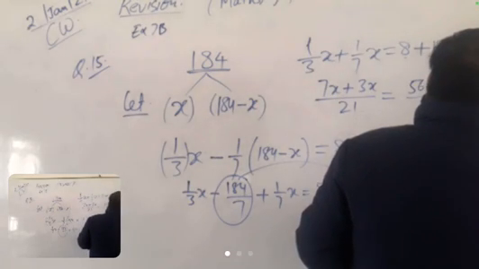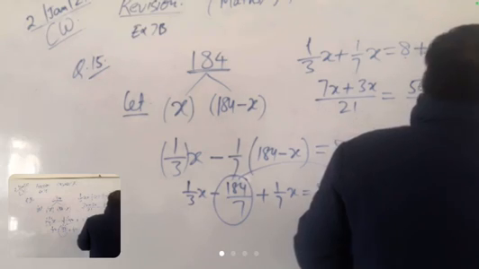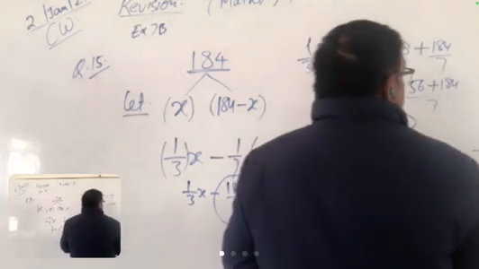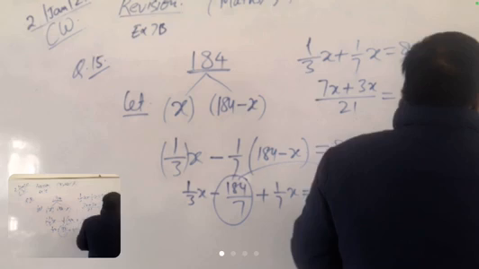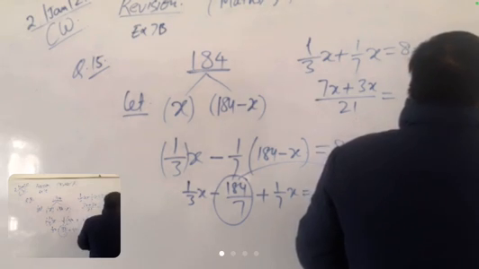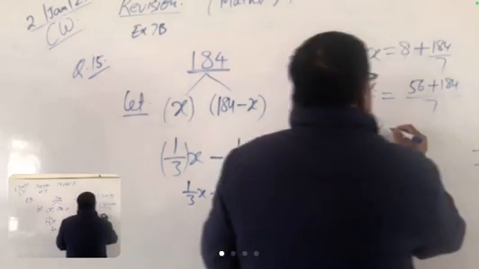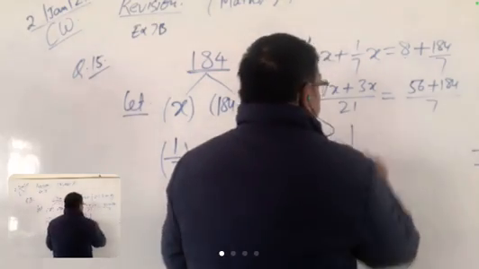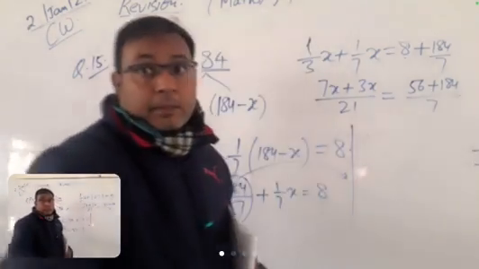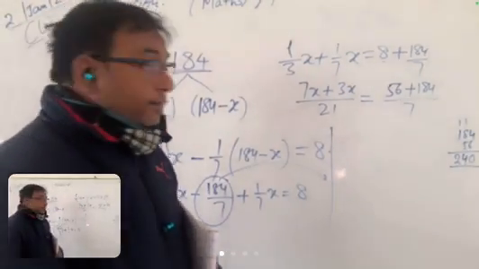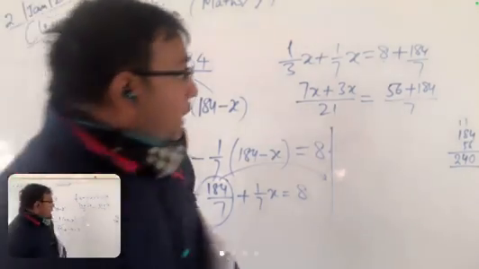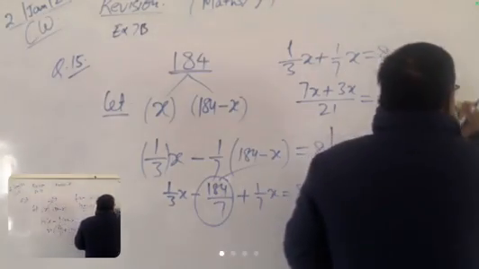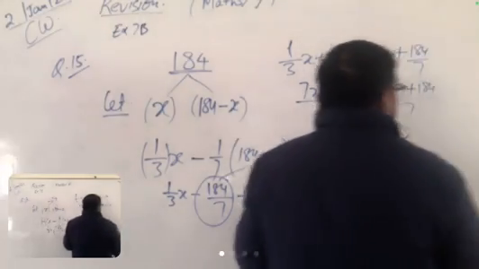184 plus 56, it will be 10, 1 carry. And this is what? 8 and 6 is 14, carry 1, 240. Now this is visible, no? So 184 plus 56 is equal to 240.